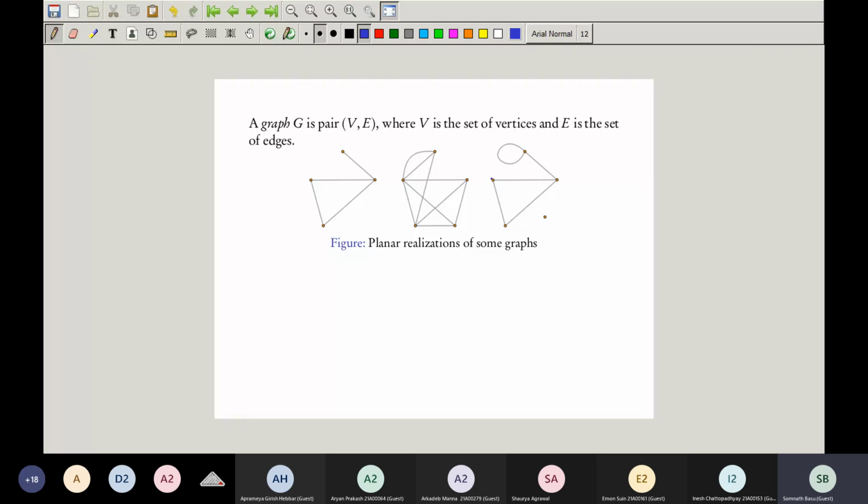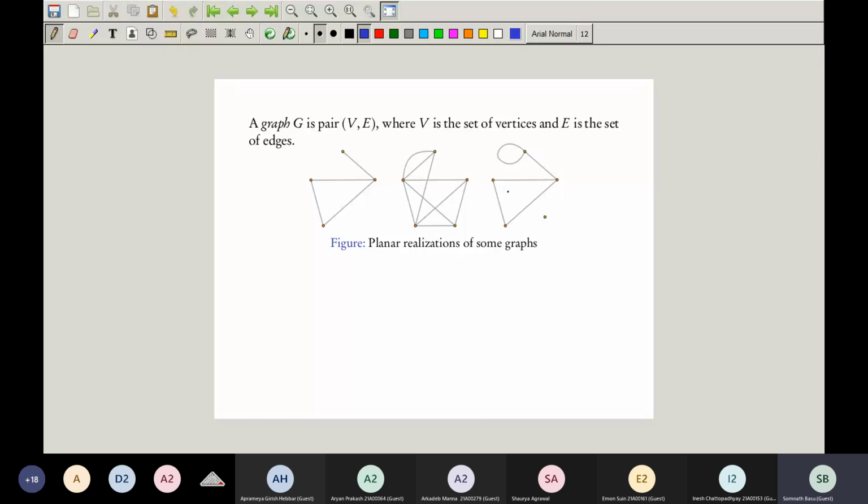I'm not ruling that out. You can have one edge joining these two vertices, and you can have another one. Typically, you call it a multigraph if that happens. Since we are dealing with standard graphs, we'll not get into that discussion. It can also have isolated vertices, which have nothing to do with the rest of the graph, but are still part of the vertex set, so they're still part of the graph.